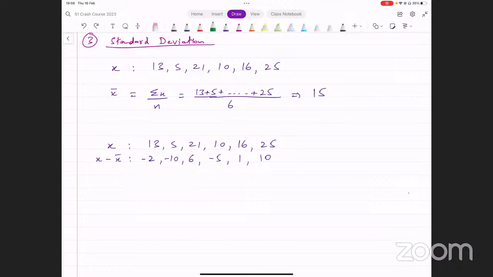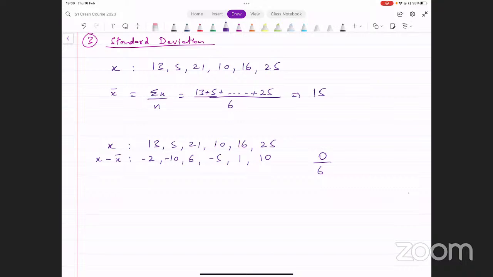If we tried to find the average of these distances, adding all of these values up: minus 2, minus 10, plus 6, minus 5, plus 1, plus 10, and then dividing by 6, you will realize the sum of all of these numbers turns out to be 0.